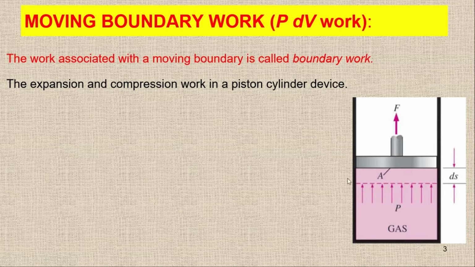This is the cylinder, and we have a piston on top of this liquid or gas. Right now, for this fluid, we have a pressure of P which is exerted on the wall of this piston by this gas.